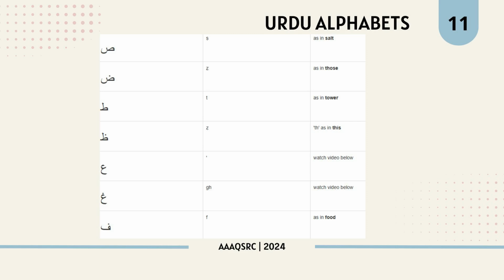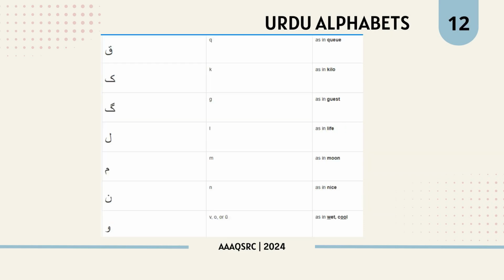Okay, seen, swad, like this. And then we have zod. Zod also has no proper alternative, but we can show it with Z. Okay, zod, Z.